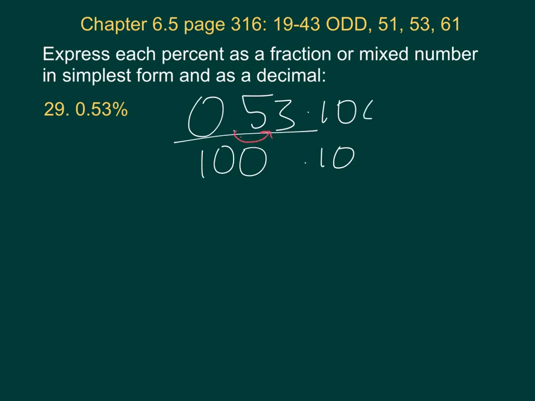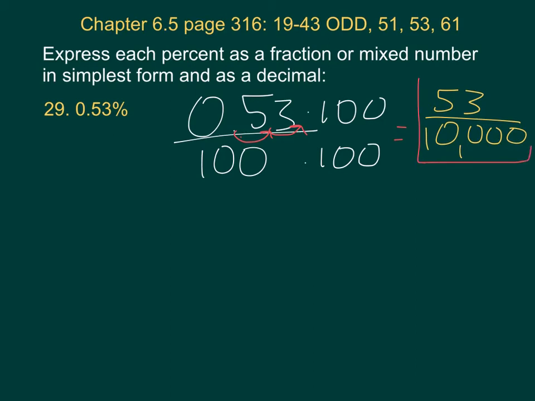So we've got to multiply it by 100 on the top and bottom to get it over 2 spots to get rid of it entirely. So what we'll end up with is 53 over 100 times 100, which is 10,000. And believe it or not, that is the simplest form of that fraction.